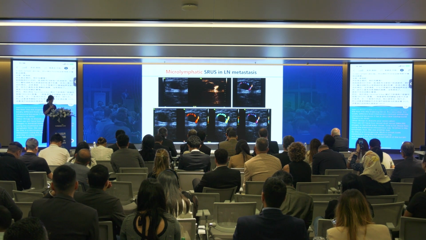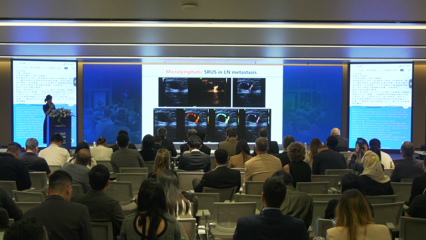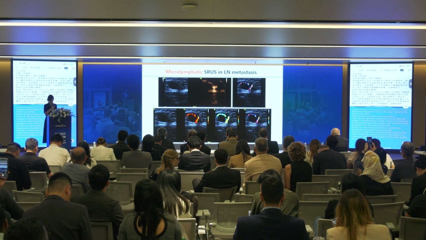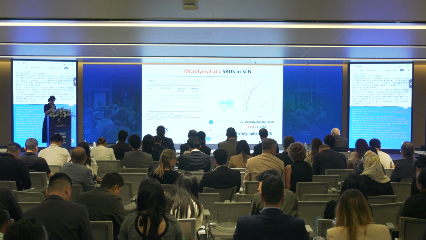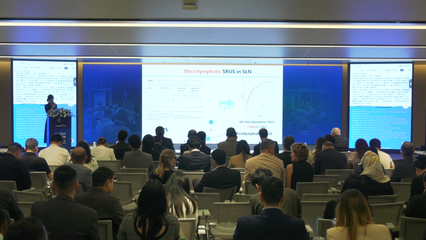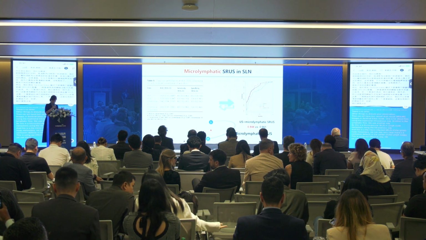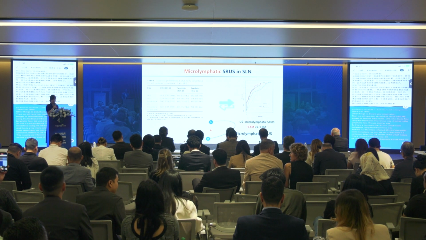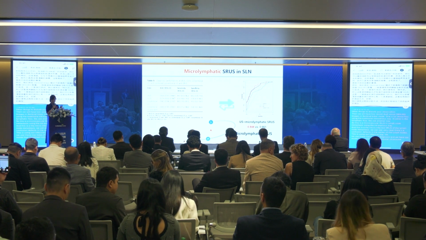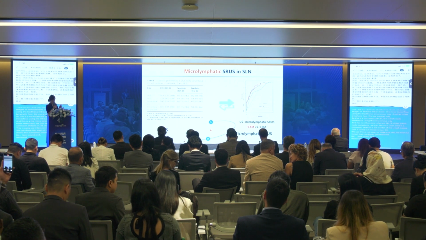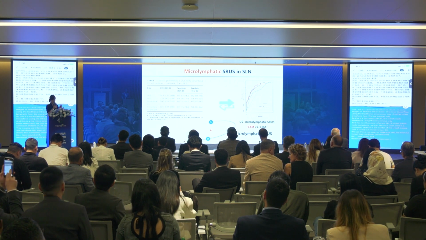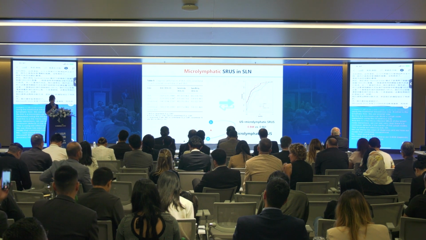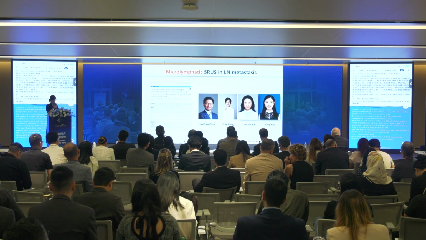We can see very clearly there's a perfusion defect in the center of the lymph node. This is using the lymphatic way. We use these two ways of diagnosis, and we have a model that combines conventional ultrasound and microlymphatic SRUS, and we achieve an AUC of 0.844 compared with conventional ultrasound. And this paper is already published.